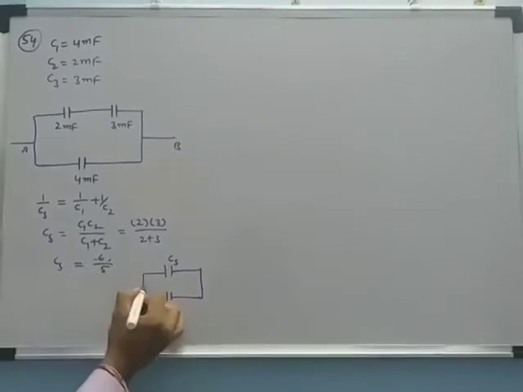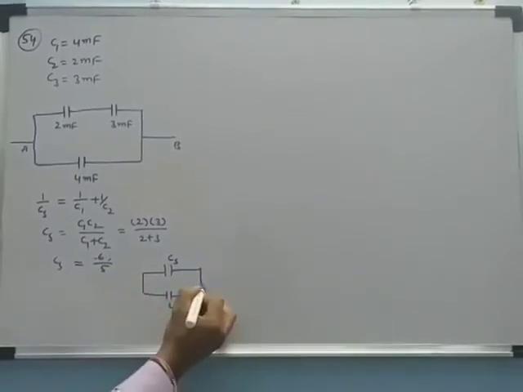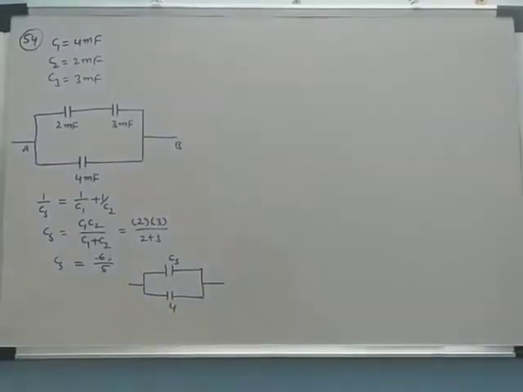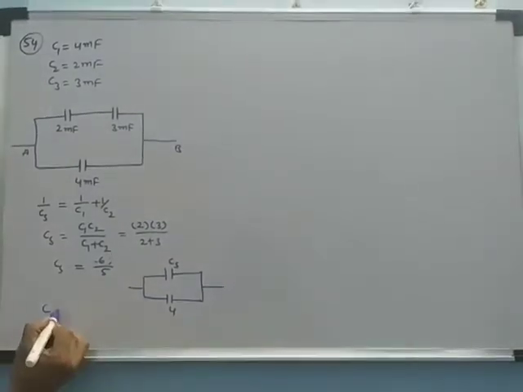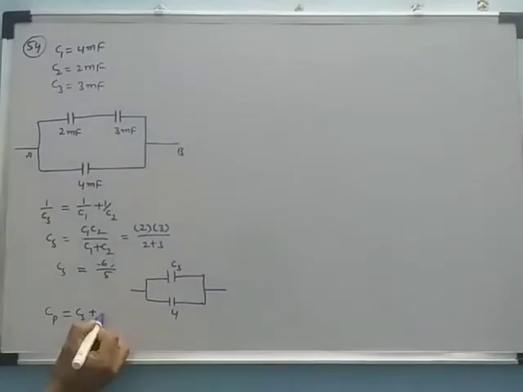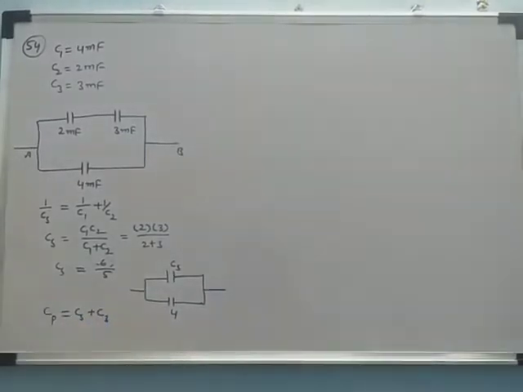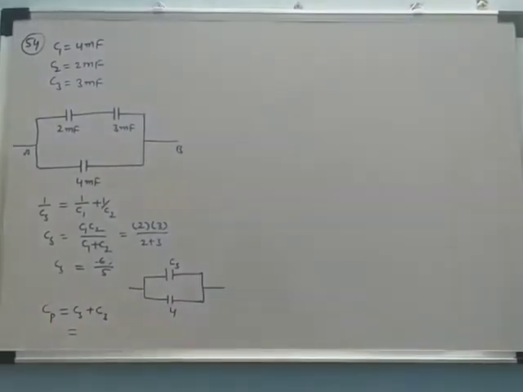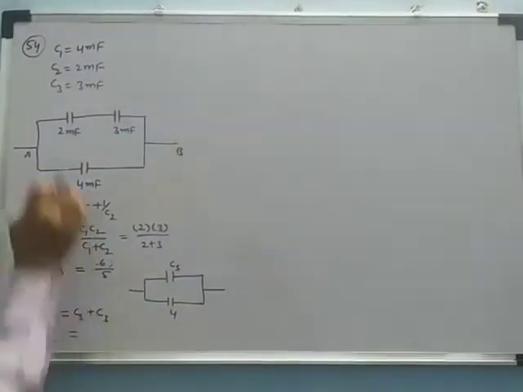The parallel capacitor given here is 4 millifarad. In parallel combination, effective capacitance Cp is equal to Cs plus the other capacitor, which is the first capacitor connected.